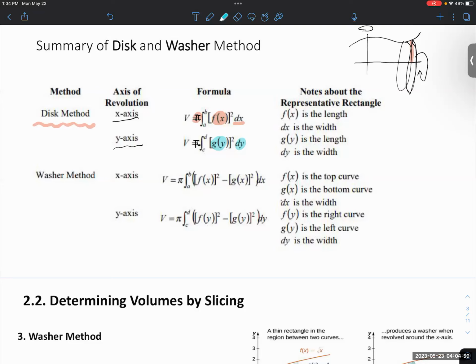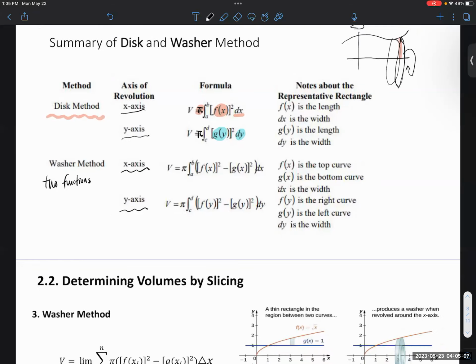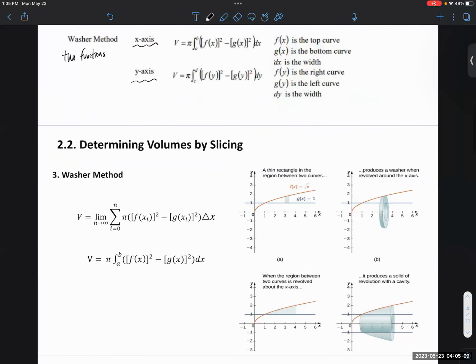So what is the washer method? In the washer method, you are going to have 2 functions, and you are going to rotate them about either the x-axis or y-axis at the same time. So here is the image I'm going to show you. Do you see that I have one g function and another f function?